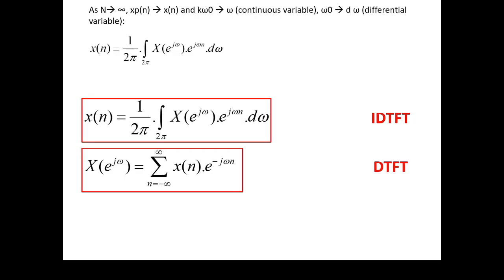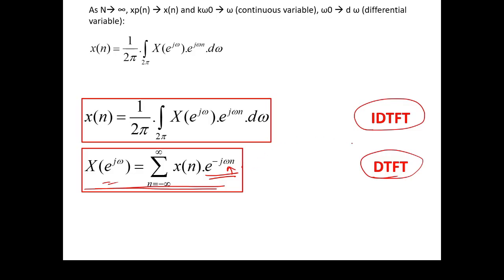Over here also we have the discrete time Fourier transform and inverse discrete time Fourier transform equations. In the DTFT equation, again you have the addition of complex exponentials of different frequencies, right?